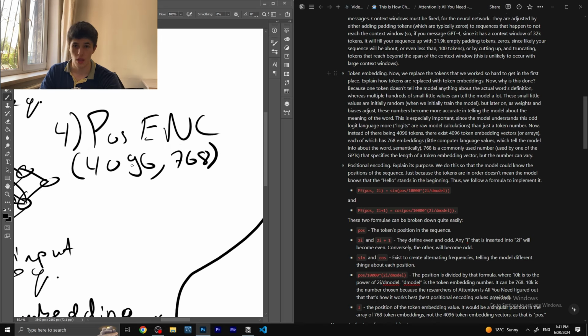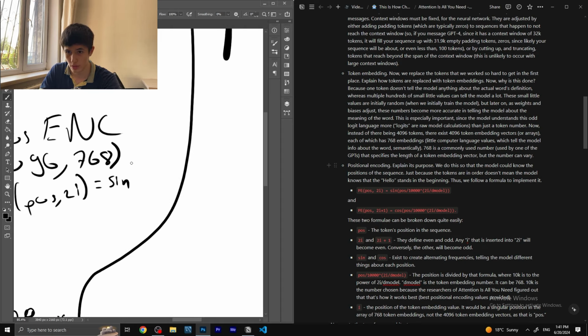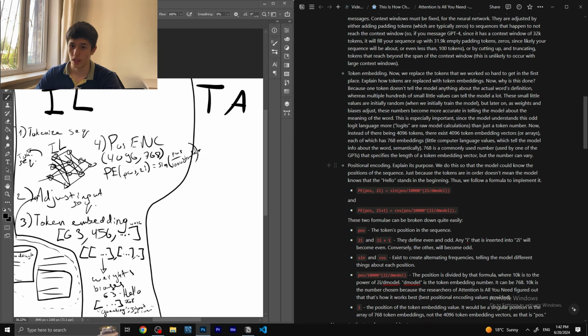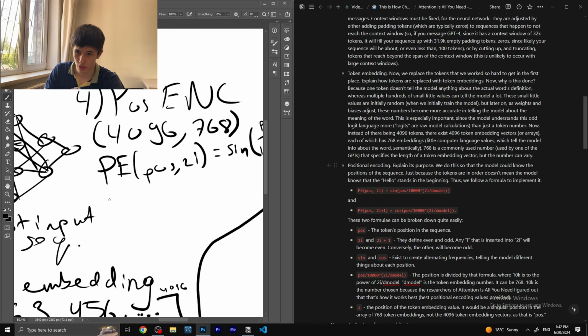By the way, there's a formula that applies, PE(pos, 2i) equals sine of pos over 10k to the power of 2i divided by d model. Okay, we overstepped either way, but that's how the formula would look. And then there's the other one over here. But anyway, I'll write it.